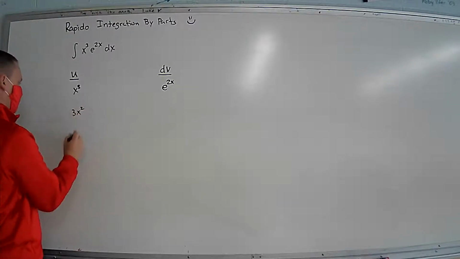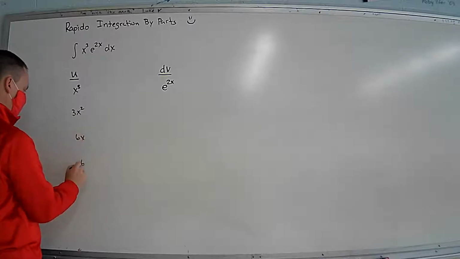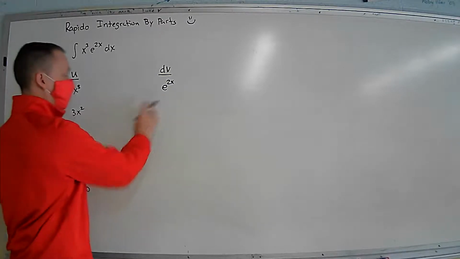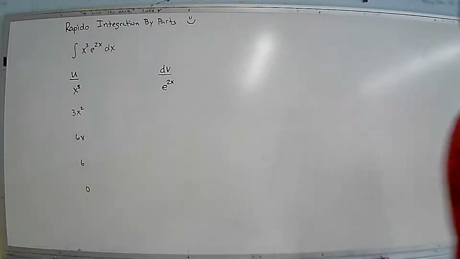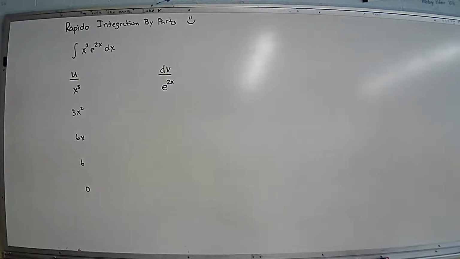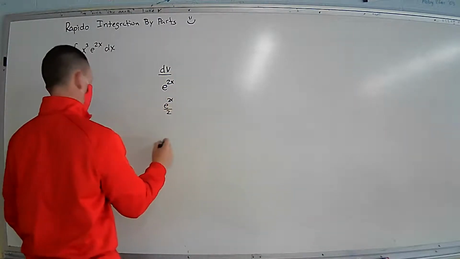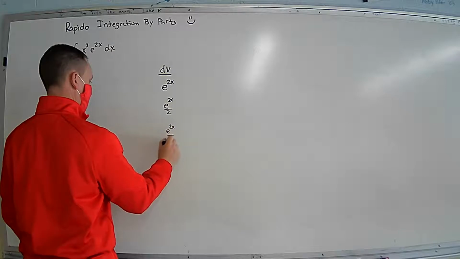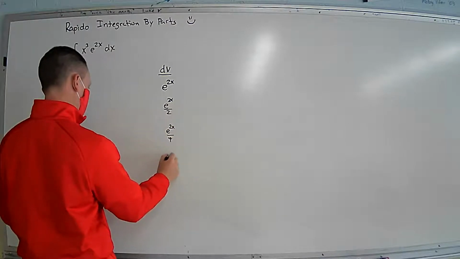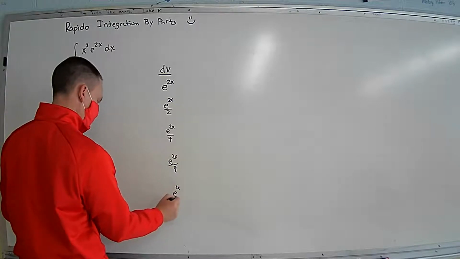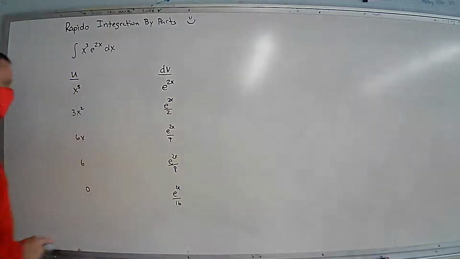So 3x squared, 6x, 6, 0. Yeah? Then on this column, you're going to anti-differentiate that all the way down. So this will be e to the 2x over 2, e to the 2x over 4, e to the 2x over 8, and e to the 2x over 16. Did I do that right?